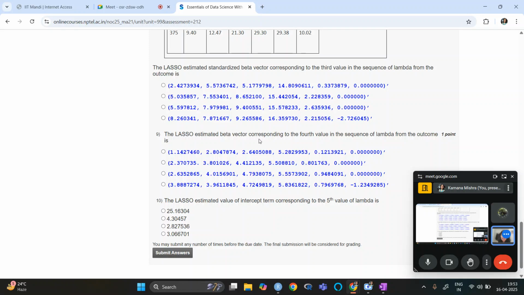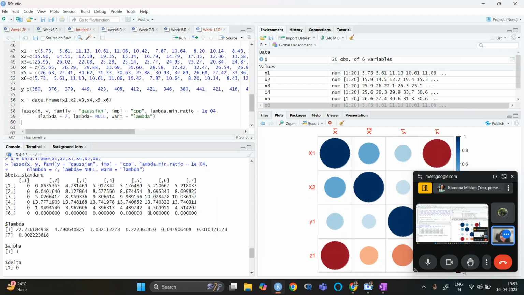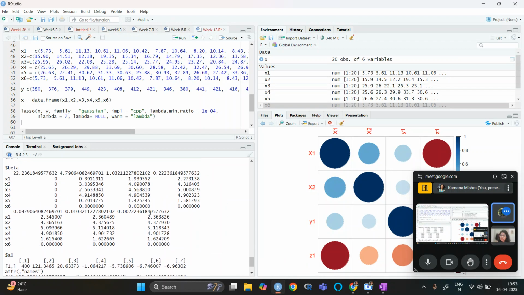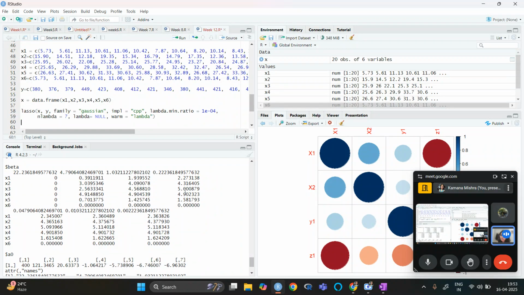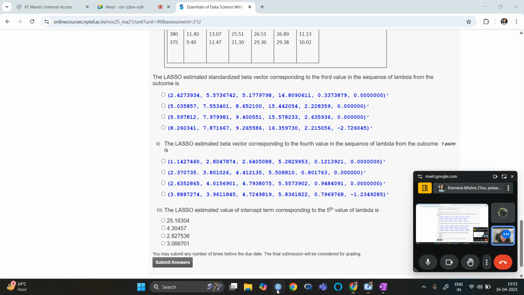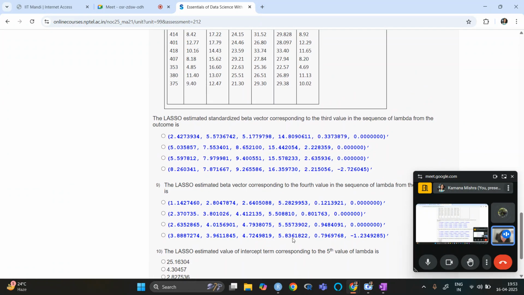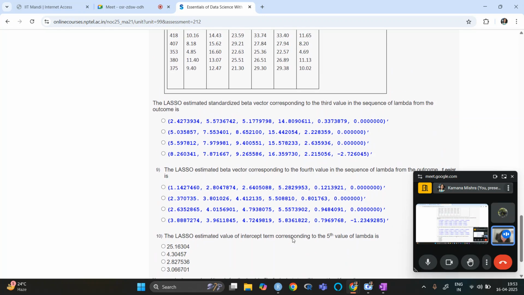What is the beta vector corresponding to the third value, fourth value of the sequence of beta vector? So one, two, three, four. I have taken all of these, whatever values you have given me, but the answers are not matching.